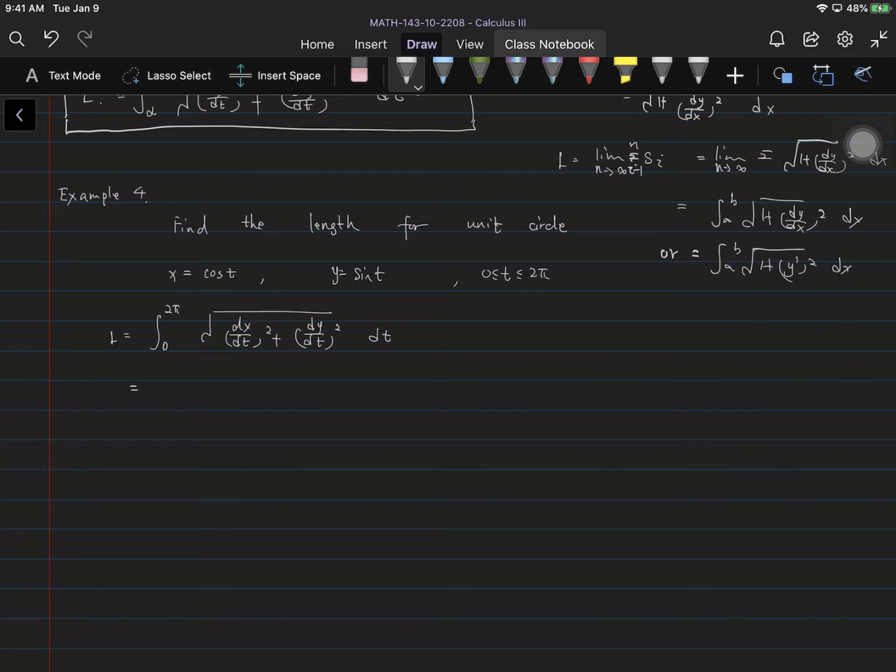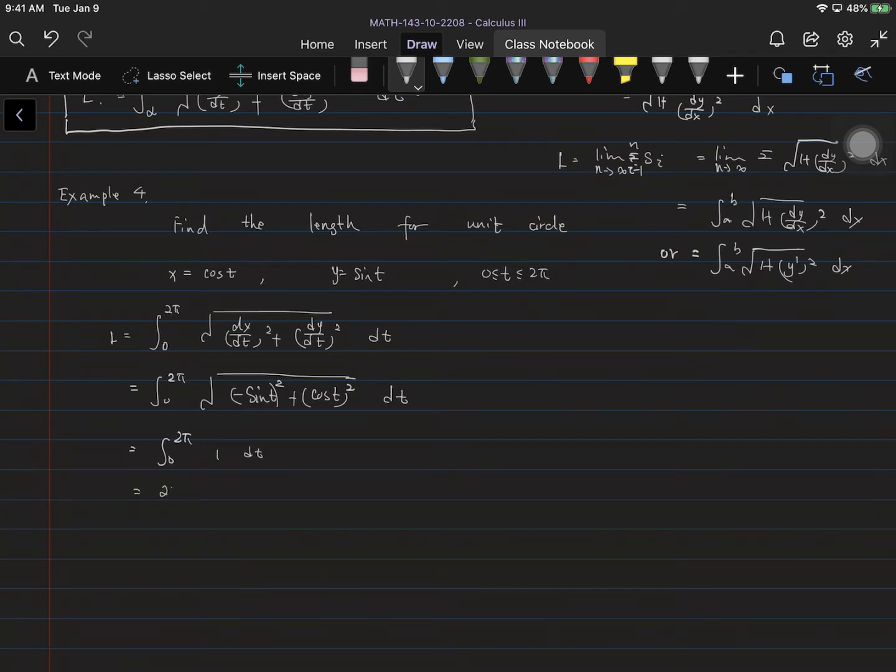Okay, so it's the integral from 0 to 2 pi of dx over dt, which is negative sine t, squared, right? Okay, the first one should be negative sine t. And dy over dt, which is just the derivative of sine, which is cosine. And here we can see sine squared plus cosine squared, which is 1.